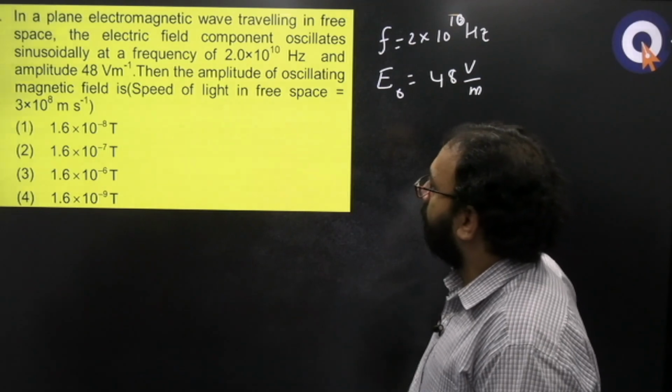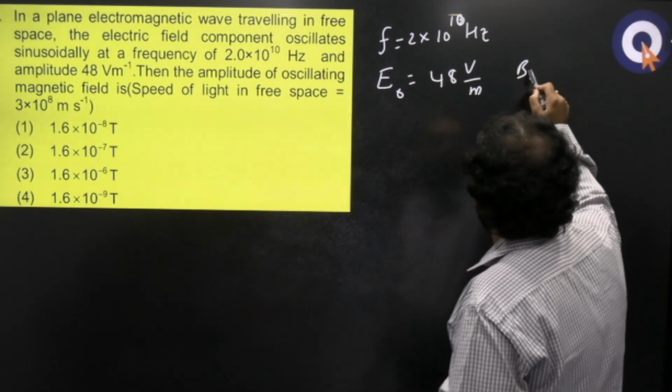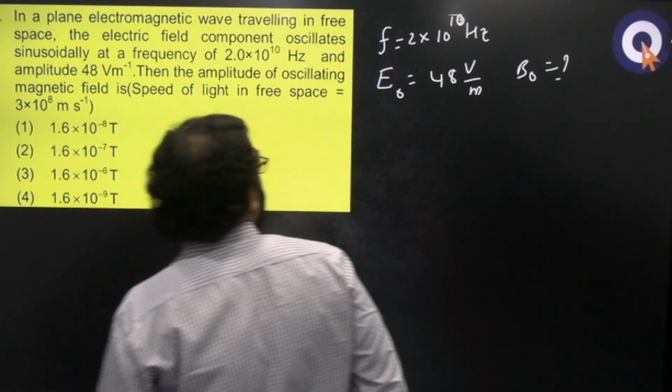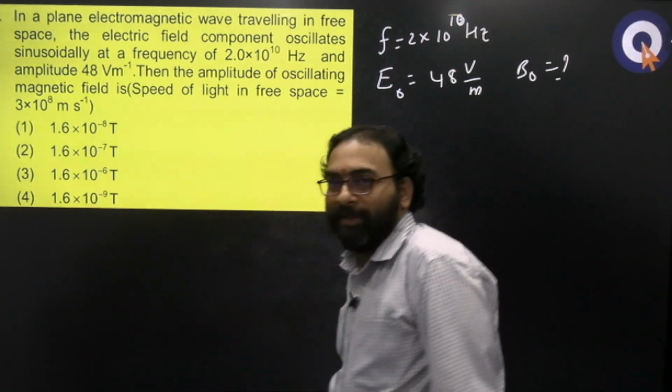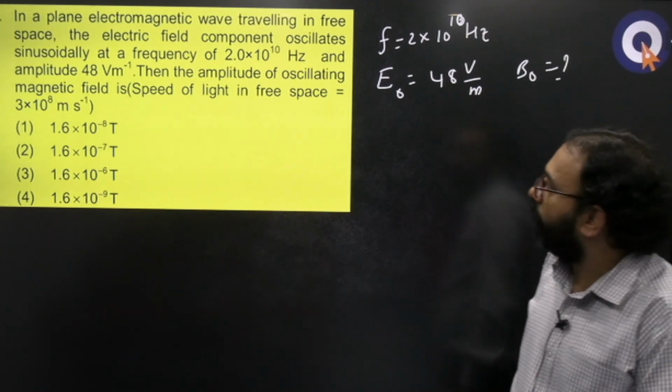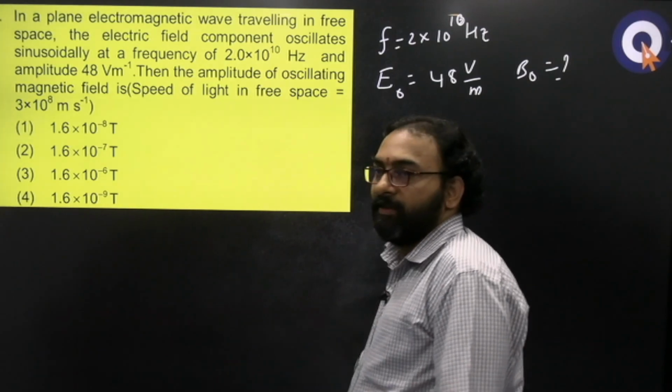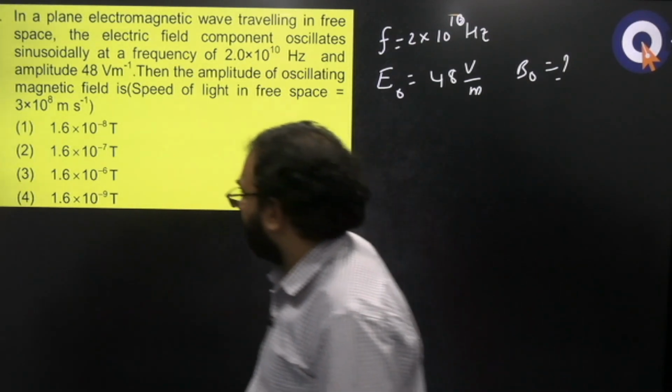Then the amplitude of the oscillating magnetic field, that is B naught, has to be found. So E naught and B naught. This is based upon electromagnetic waves. Given the speed of light in free space is 3 into 10 power 8 meter per second.